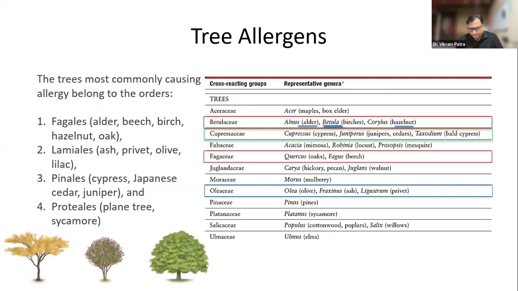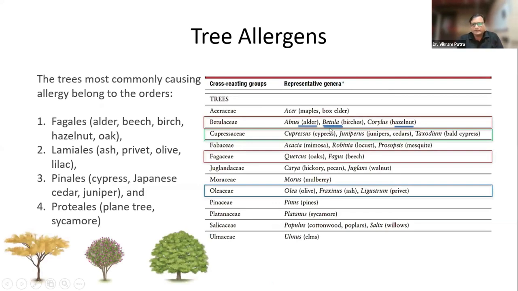Coming to the specific allergens like tree allergens, the trees most commonly causing allergy belong to the orders Fagales, Lamiales, Pinales, and Proteales. Fagales are basically the birch, the Betulaceae, and the Fagaceae. These are the two families belonging to the order Fagales.